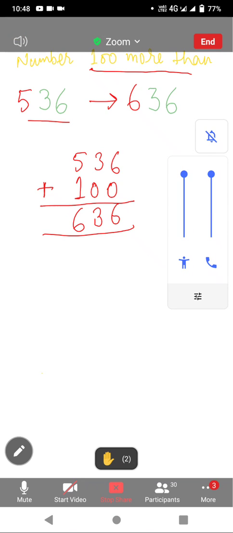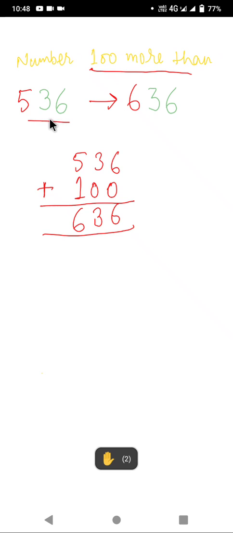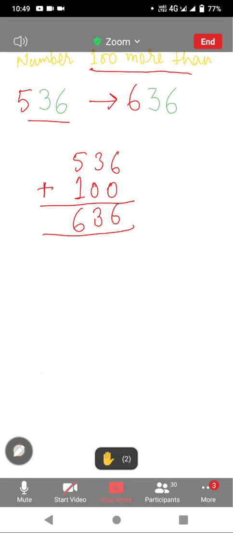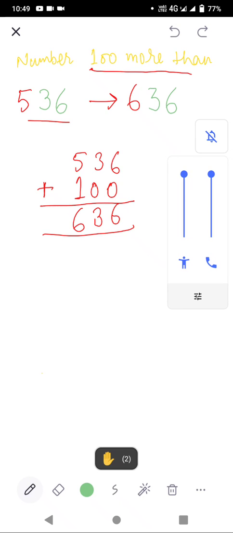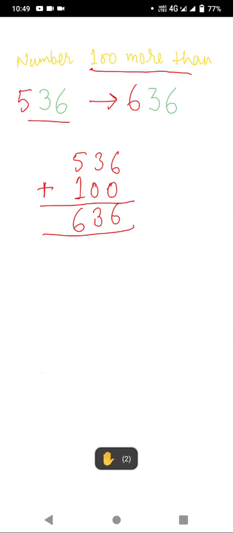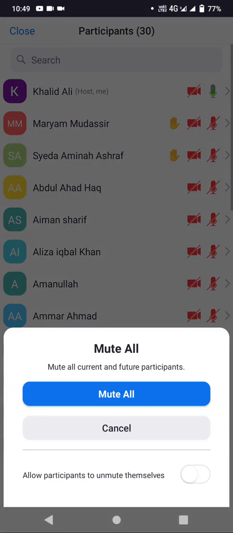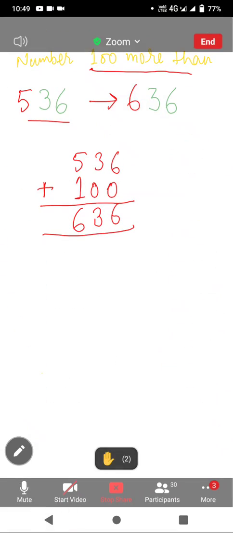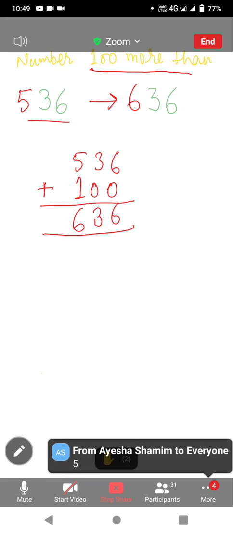So students, now tell me which digit has changed here. We were having 536, and 100 more than 536 is 636. So which place digit has changed here? Tell me quickly, which place digit has changed?